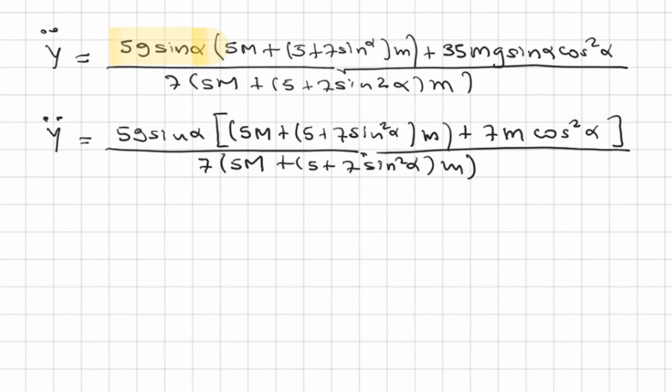I'm going to distribute everything on the numerator. I will write this, okay, this phi multiplying this m, 7 sine square of alpha is multiplying this m as well, and I will distribute those terms on the numerator of this equation, and the final result is this.